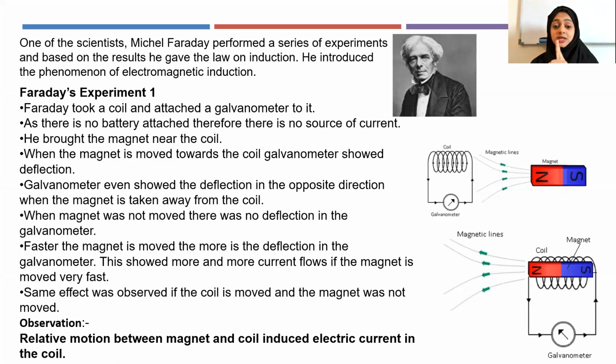So if it deflects to one side when moved in, and you take it away, it deflects to the opposite side. When you keep on moving the bar magnet into the coil and out of the coil, what can you see for the galvanometer?